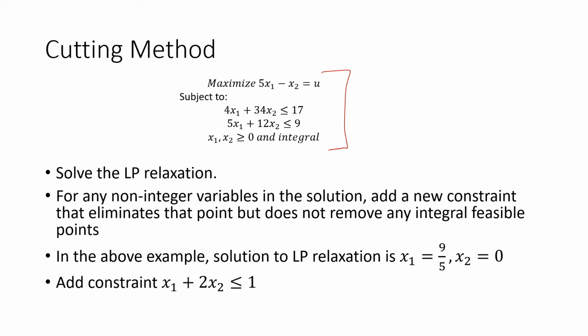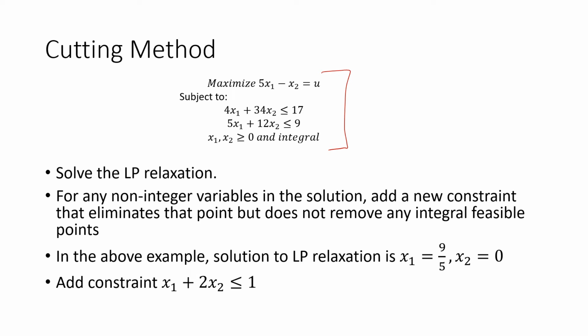If everything comes up as an integer, we're done. If some of our variables, the solutions, are non-integers, we are going to add a new constraint that is going to restrict our solution and take that non-integer solution that we found and put it outside the feasible region so it is no longer a viable solution. That's the basic strategy of doing a cut.